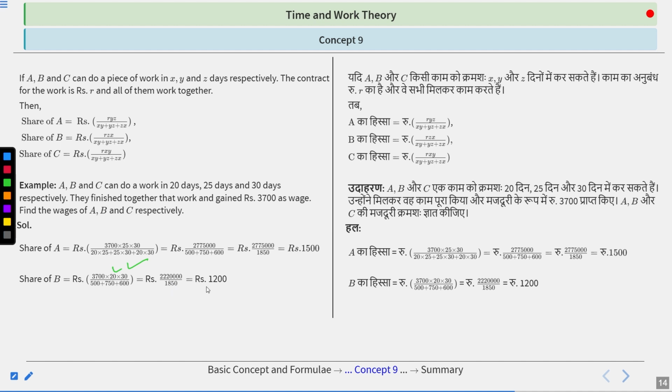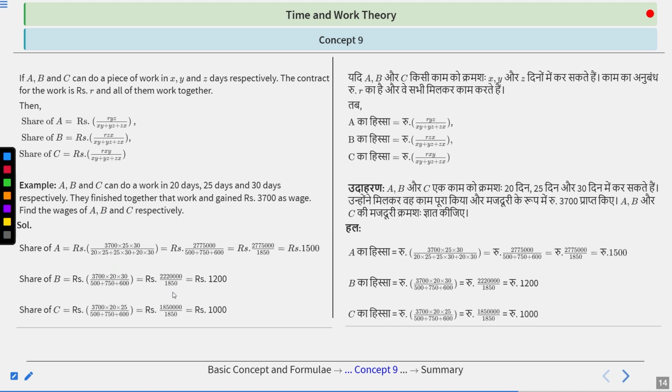Clear? Which becomes 1200 rupees. Same way, C's share: 3700 multiplied by 20 into 25 upon 500 plus 750 plus 600. When we solve it, we get 18,50,000 upon 1,850, which becomes 1000. Clear?